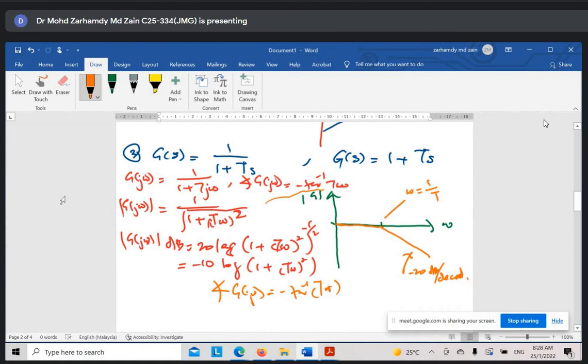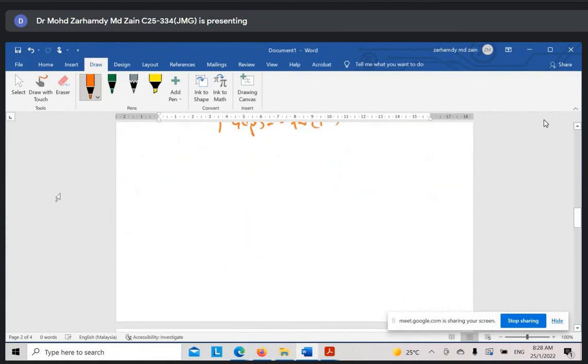If we have the category of G(s) equal to 1 plus Ts, now convert to frequency.